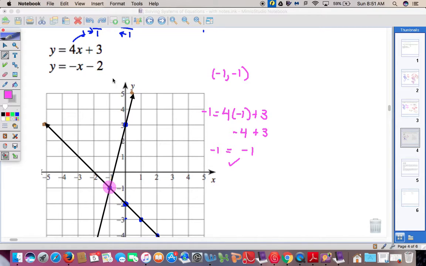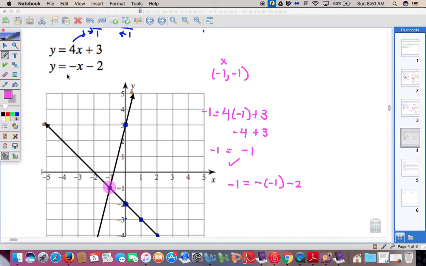And then if I do the same thing for my second equation, I have negative 1 is equal to, now this is important, you've got a negative here, and you have a negative 1 here. So my x is a negative 1, so I have the opposite of negative 1 minus 2. I'm still substituting a negative 1 for x, even though I already have a negative in front of that.